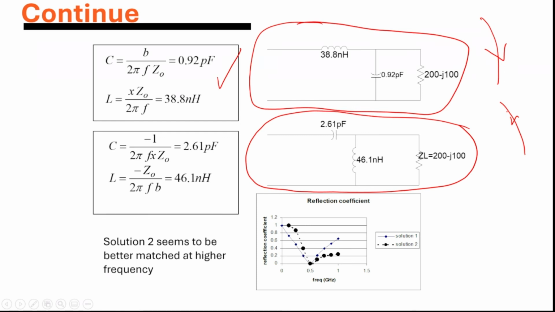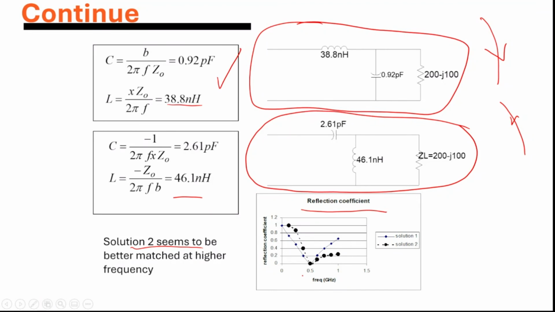There is a lot of difference between the two if you look at the values here. These values have been run and we found the reflection coefficient. It seems that solution 2 is a better match at higher frequency for this circuit.